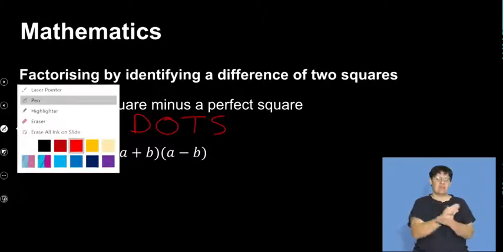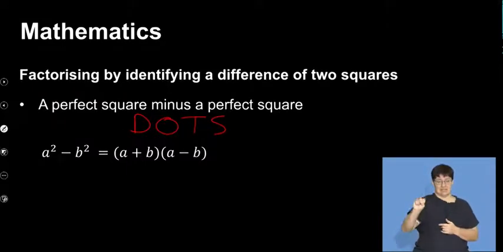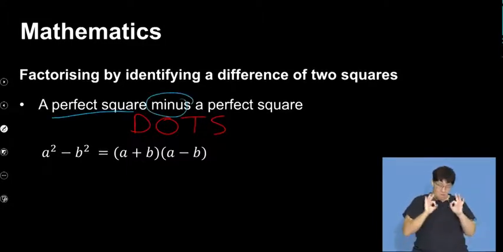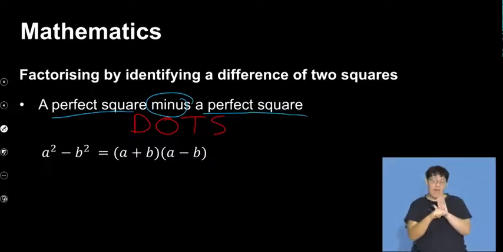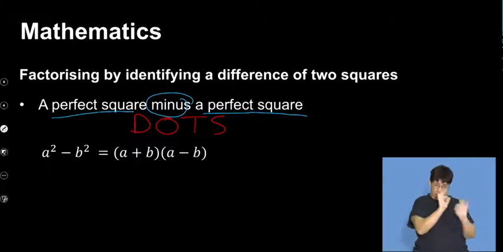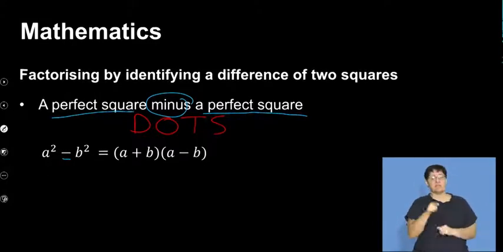They use DOTS to mean difference of 2 squares. At all times, it must be firstly a perfect square with a minus and another perfect square. So a squared is a perfect square, b squared is a perfect square, there is a minus there, therefore this is a difference of 2 squares.